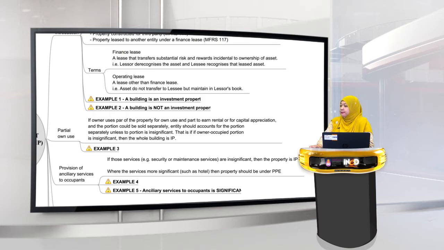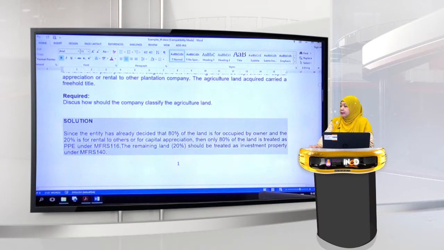Alright, so in this example, because 80% of the land is occupied by the owner, whereas only 20% is for rental or capital appreciation, then 80% should be accounted under MFRS 116, whereas 20% will be accounted as investment property. Okay.